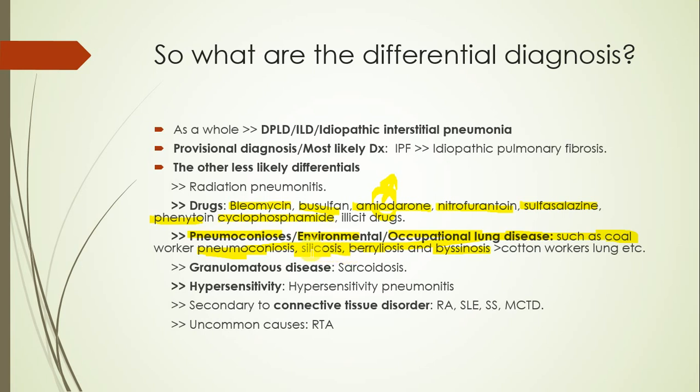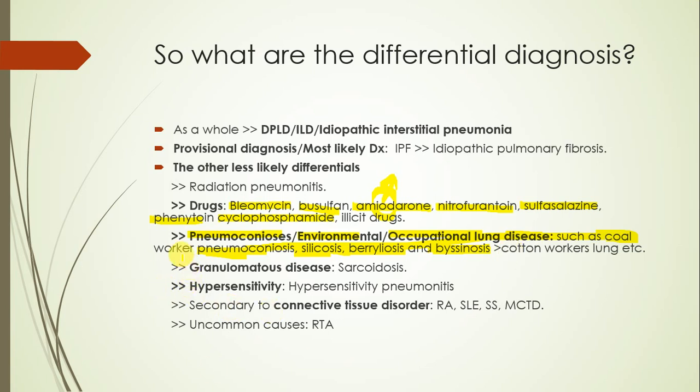And silicosis happens in people who work as construction workers or in sandblasting, etc. Berylliosis might happen if someone works in, for example, a Tesla factory. And byssinosis occurs in someone working in cotton mills, such as garment factories, etc.